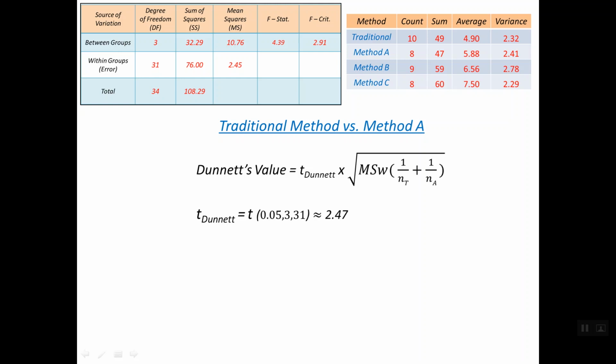The value of the t for Dunnett is about 2.47.